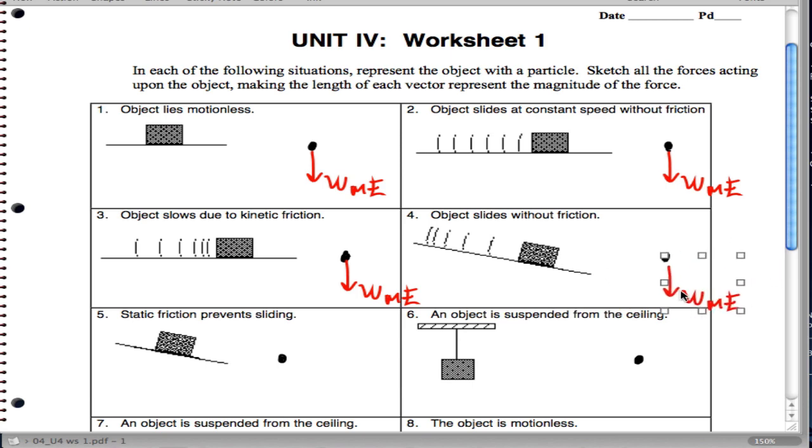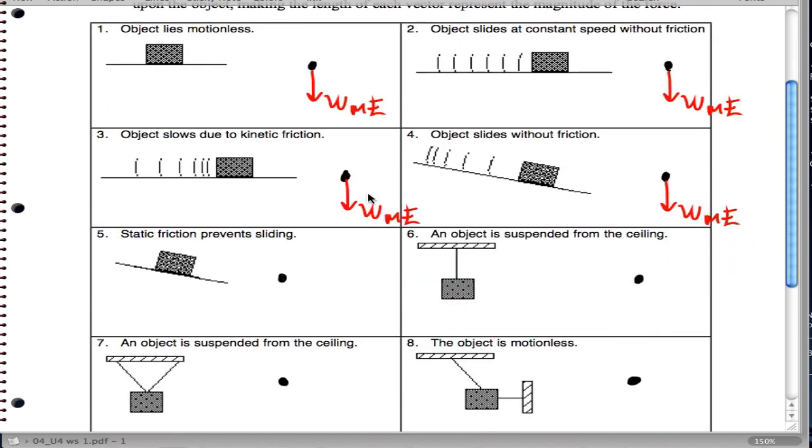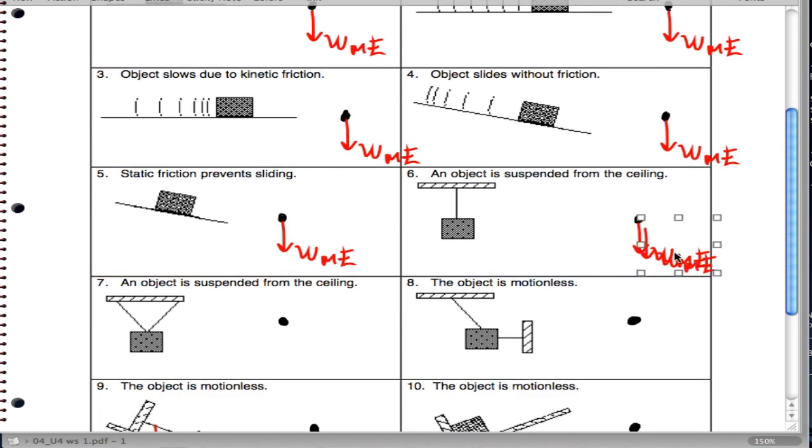Now, I don't recommend you solve it this way on the test, but if you are reviewing this, just be aware that every single one of these objects has a weight, and I just want to get that labeled on here now. So that's good enough for now, and I'll continue doing this as I go on.